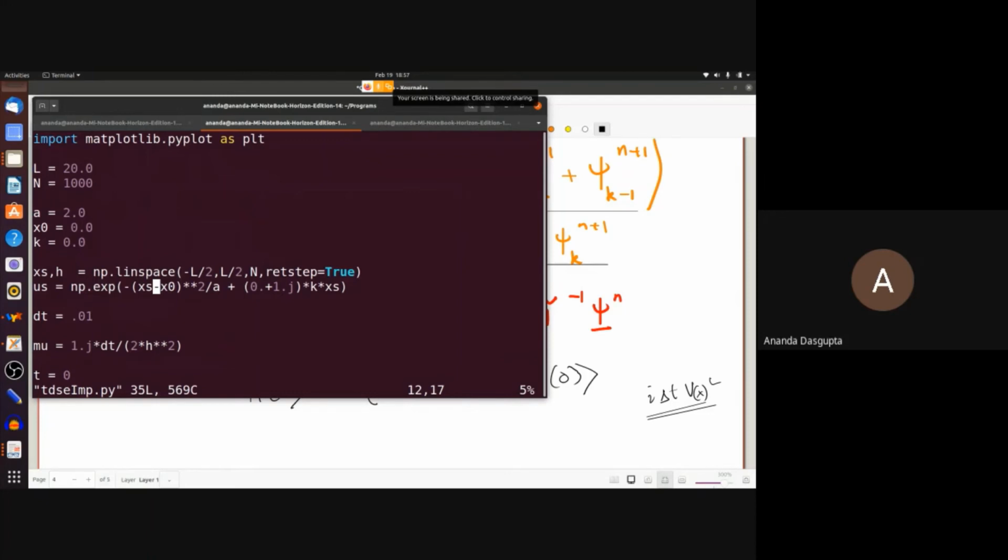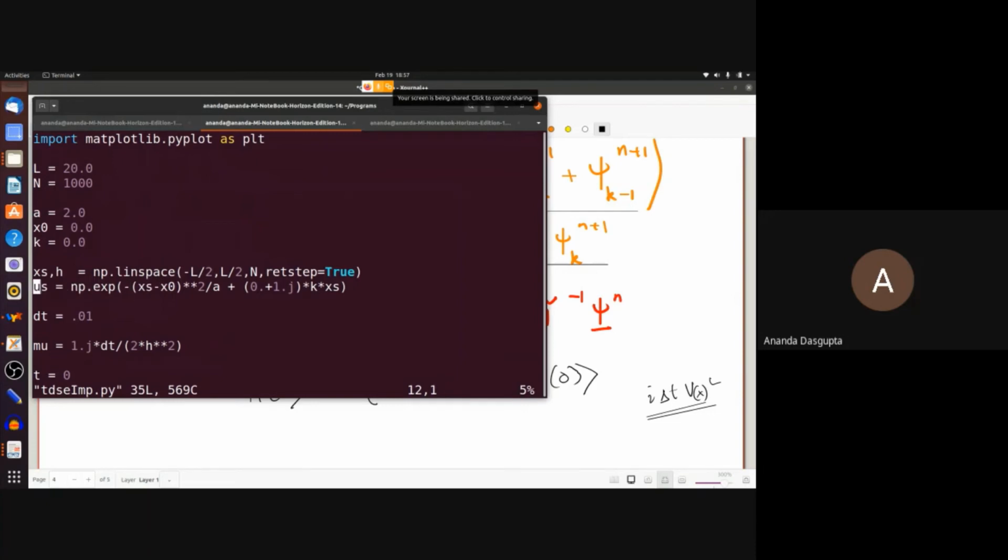I guarantee you that if you started with this problem using the explicit method, the one we did earlier, it would have blown up in no time. Here, it doesn't happen. At least this one actually gives you the physically correct result that a stationary state does not change with time.